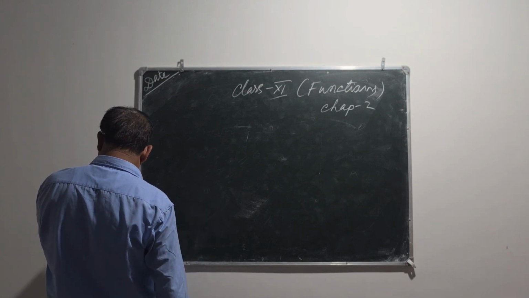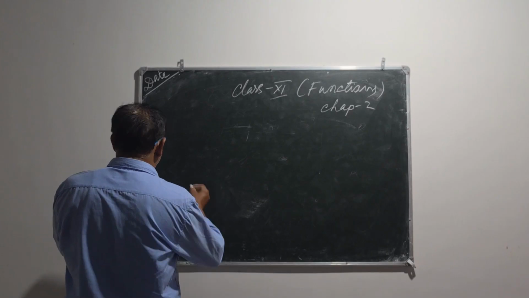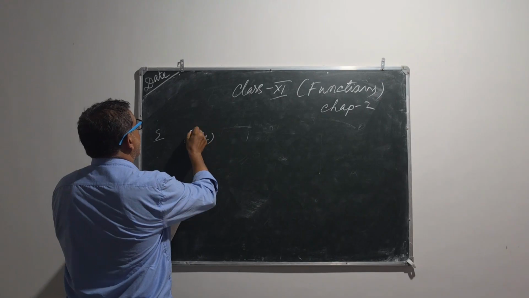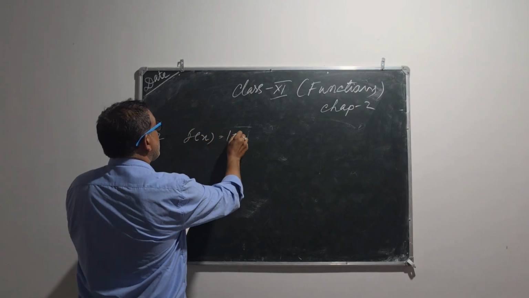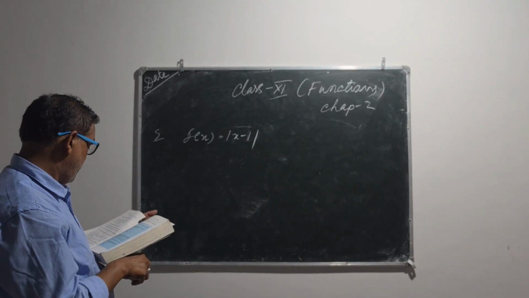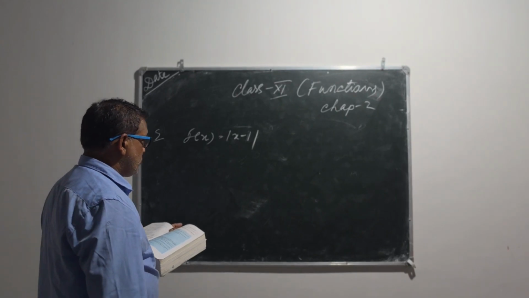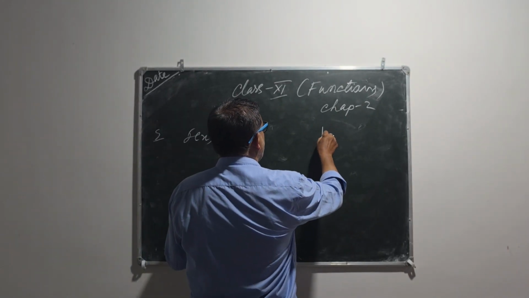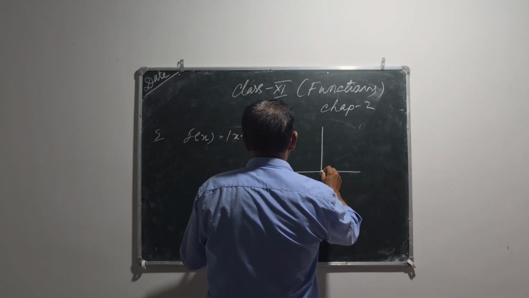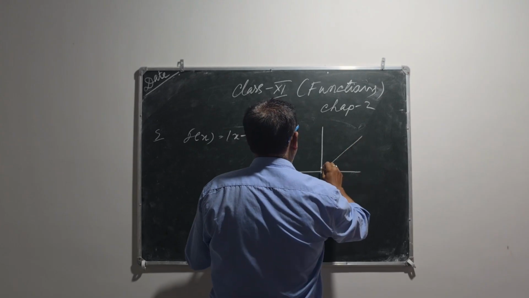So here we have to find the domain and range of the given function, number 5. f of x equals modulus of x minus 1. Since the modulus sign is given, any positive or negative value of x, the function will go in this way.